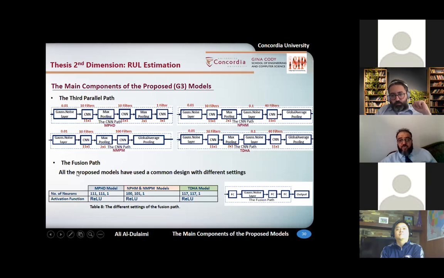And for the fusion path, we have a common design among all the proposed models, which is based on 3 fully connected layers and 1 hidden-to-hidden injected noise layer. And we can see we have 3 different settings, all of them based on the rectified linear unit activation function.